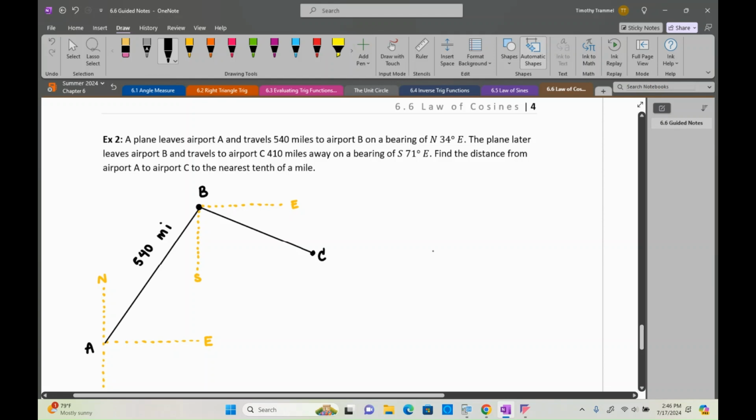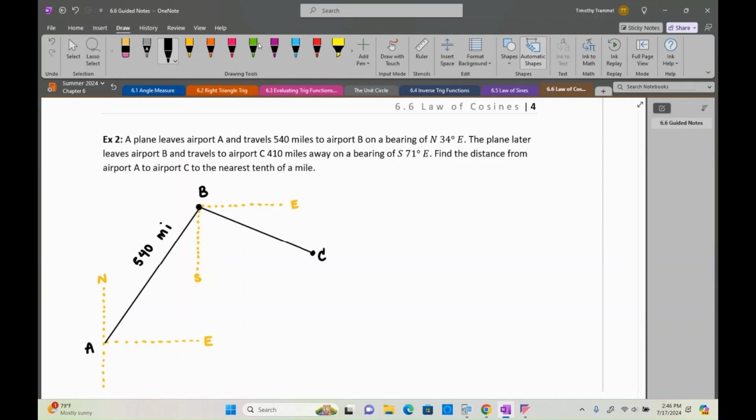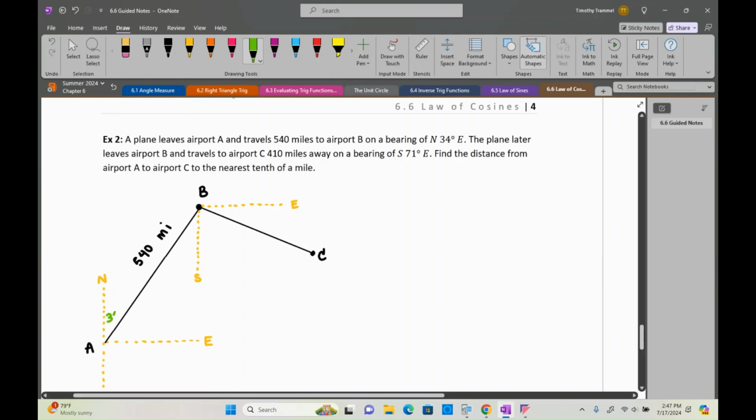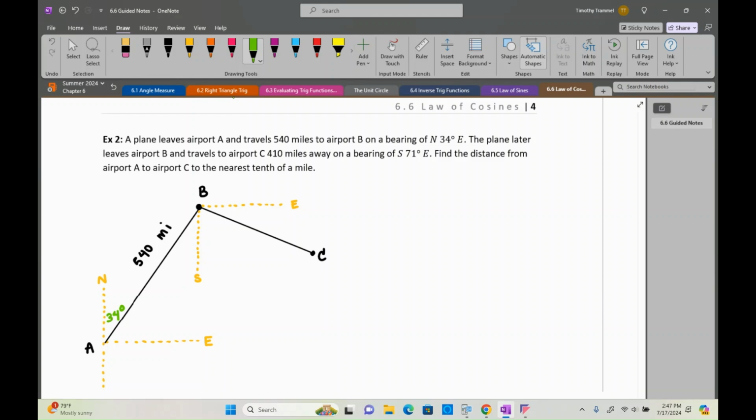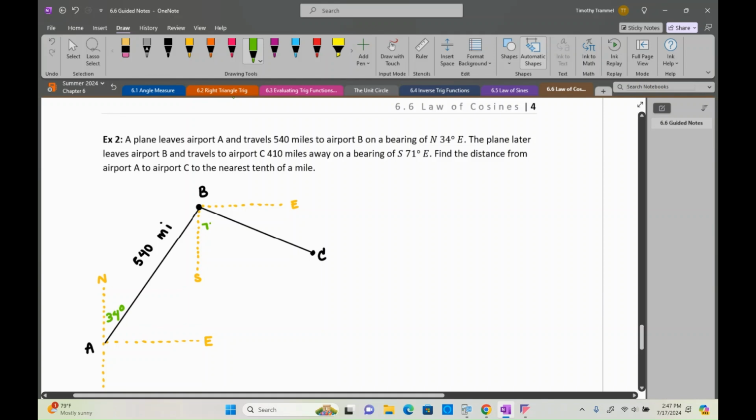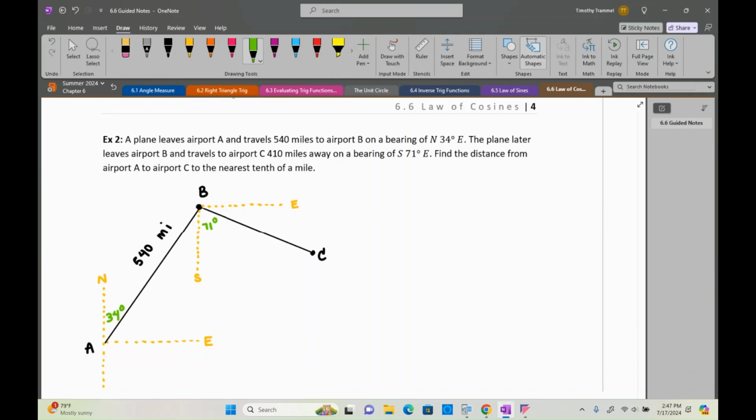Now, let's fill in some of these angles, right? I want to remind us again, we went 34 degrees from the north line towards the east. And for our other bearing that we were given, we went 71 degrees from the south line towards the east. So we know those two angles.